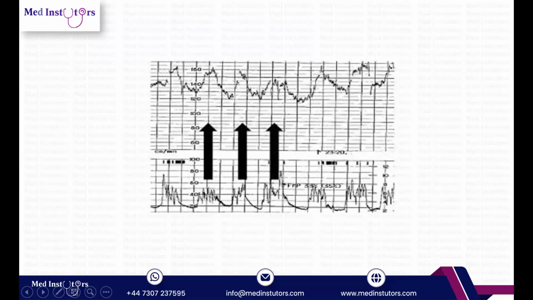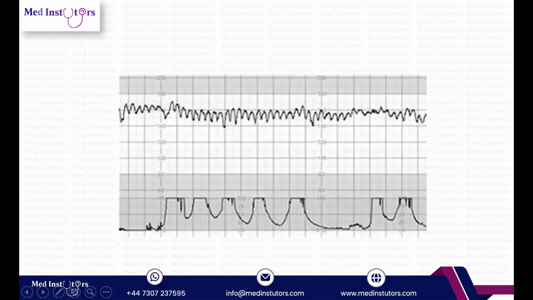What is this? Anyone? It's a very classic pattern of fetal heart rate. Variability, actually. Variable. No, this is sinusoidal. These are basically cycles of 3 to 5, they just go up and down, and there is no baseline.